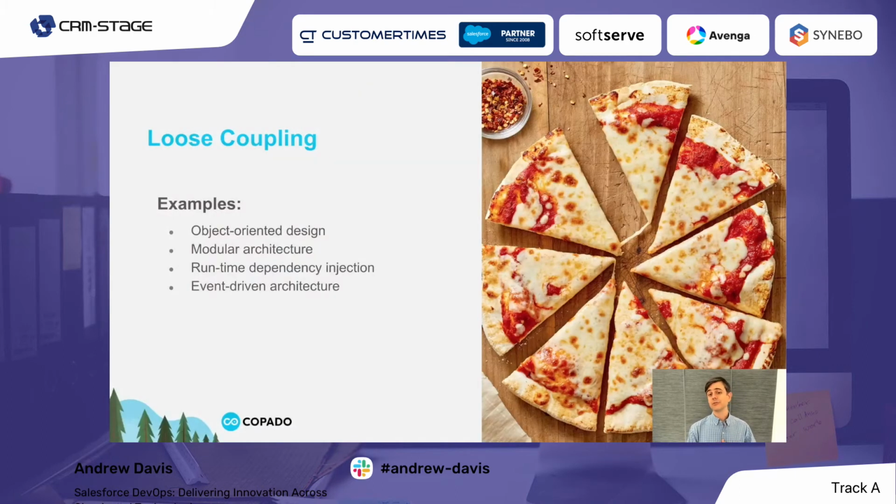So here's an example of loose coupling. This slide is also making me hungry, so don't feel bad if that's your main reaction. The idea is pizza versus spaghetti, right? Pizza's loosely coupled, spaghetti's tightly coupled. On a code level, it might be object-oriented design or functional programming with a strong emphasis on a lot of individual methods that are all self-contained.